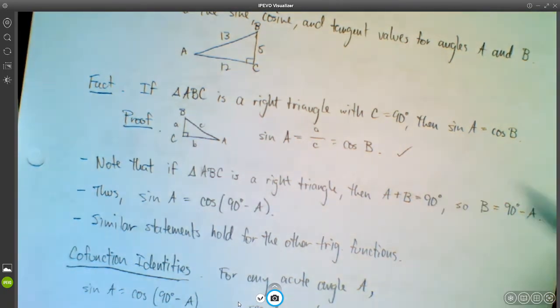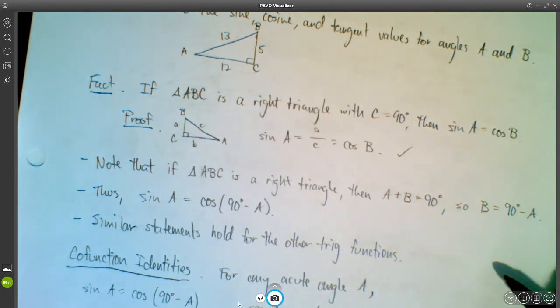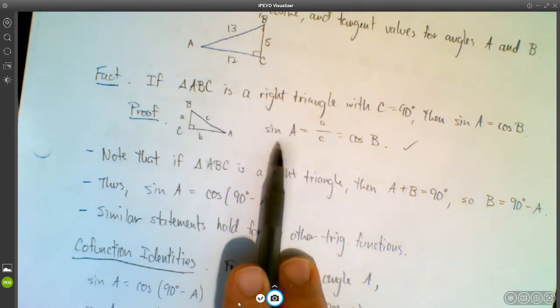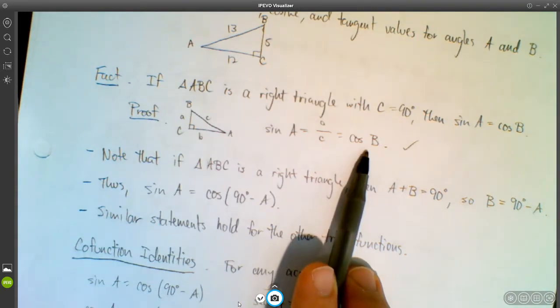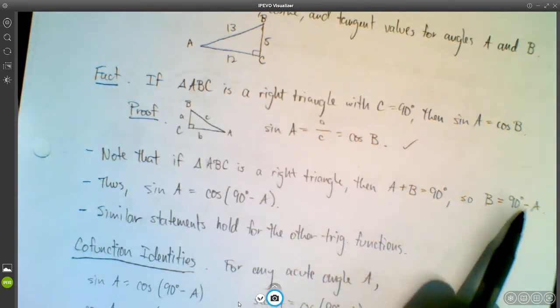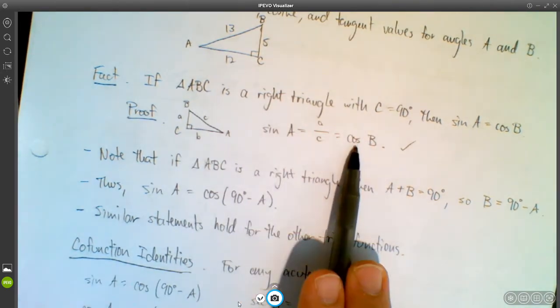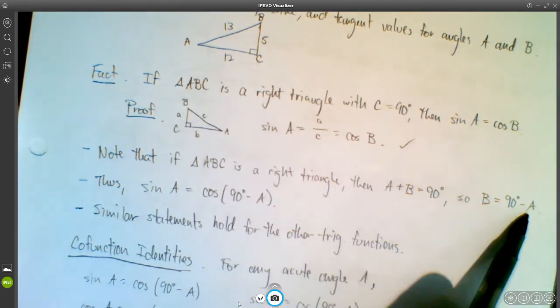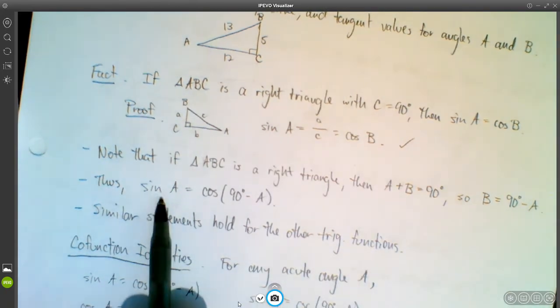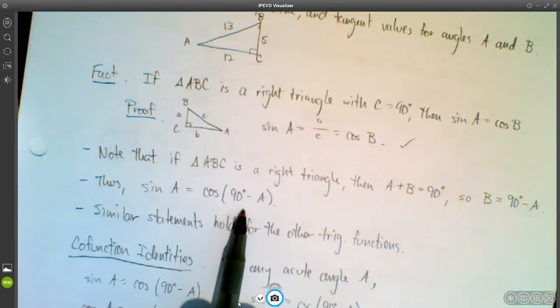And if you solve for B, then you get B equals 90 degrees minus A. So another way to say that sine A equals cosine B is to say that sine A equals cosine of 90 degrees minus A.